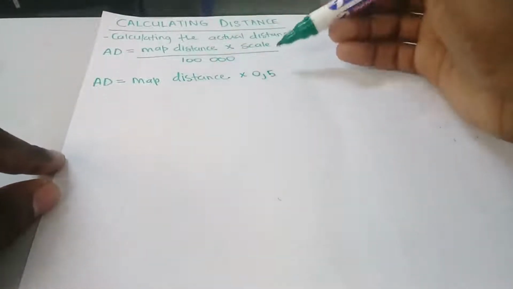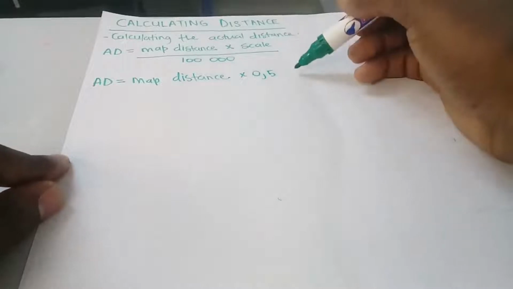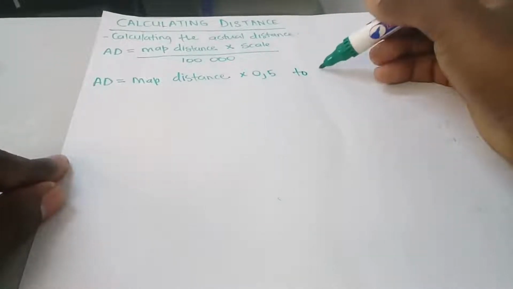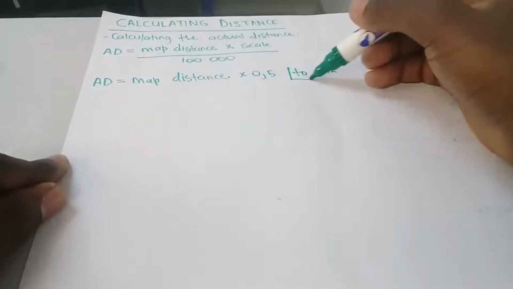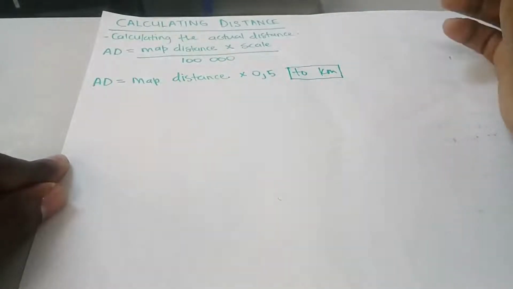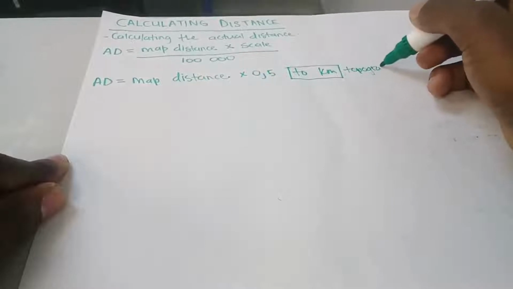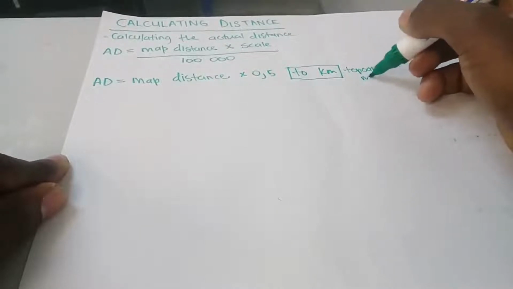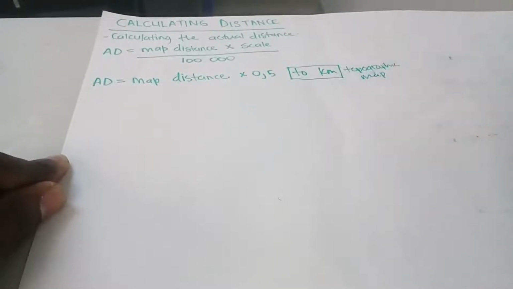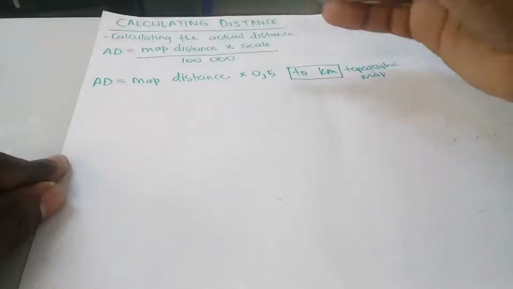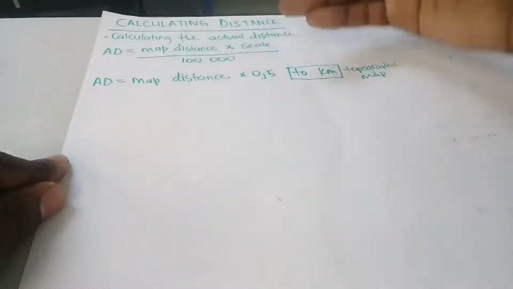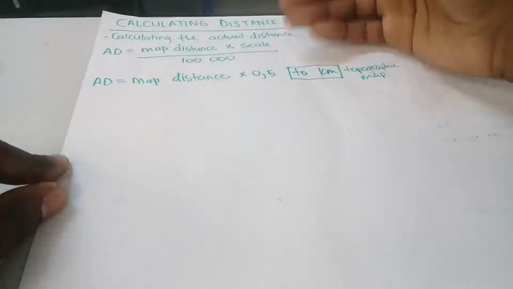So your map distance multiplied by 0.5, mind you, this is 2 kilometers, using your topographic map. You are going to multiply by 0.5 and get your actual distance, okay?